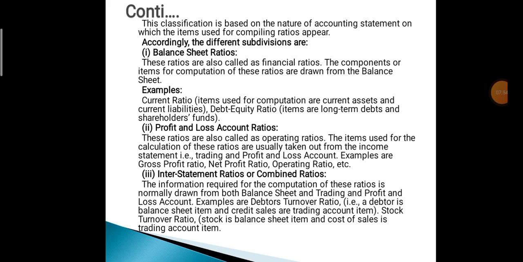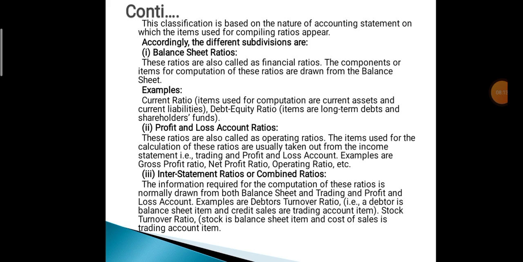Then coming to profit and loss account ratios, these are also called operating ratios. The items used for the calculation of these ratios are taken from the income statement, that is trading and profit and loss account.